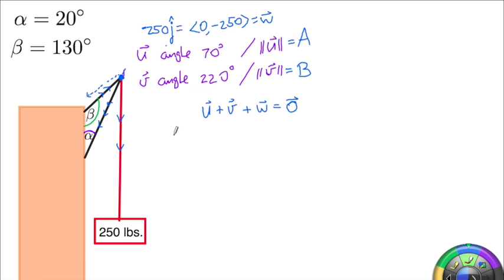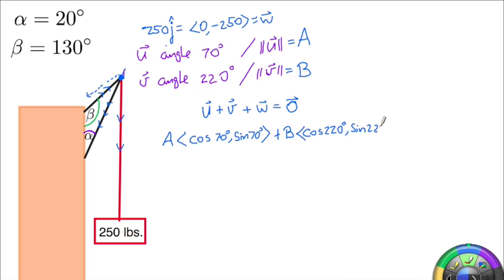Alright, so this is going to become a, I'm going to write it componently, cosine of the angle, which is 70 degrees, sine of 70 degrees, and that would be u, plus v, which is going to be the magnitude of b, times cosine of 220 degrees, sine of 220 degrees.